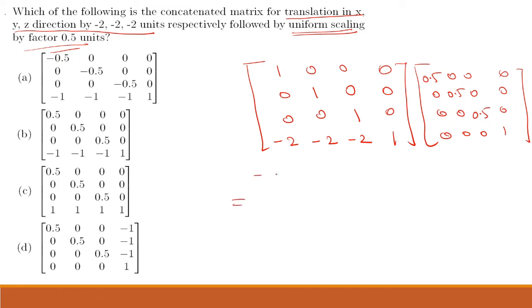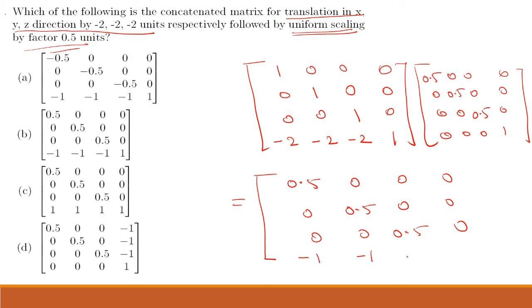So just simply multiply these two matrices, so we will get 0.5 0 0 0, then 0 0.5 0 0, 0 0 0.5 0. Now -2 into 0.5, that is -1. Okay, then -1 -1 and 1. So which option will be the correct option? You can see option B will be the correct option.